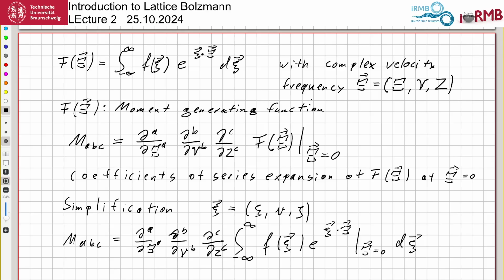Now, what is important is that these derivatives here only act on the capital Xi, and not on the small xi. So they don't seem to act on the distribution function.